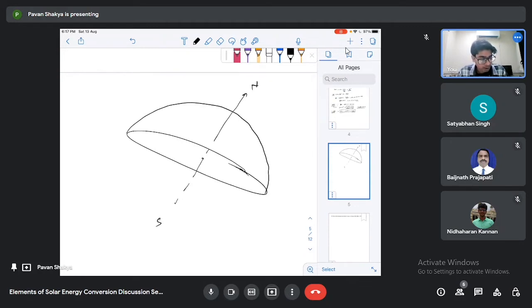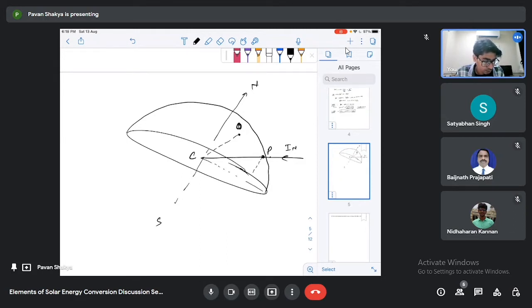Our sun ray is coming through this point. This is our observer location and this is the center. If we plot the projection of the sun ray and the observer location on the equatorial plane, then suppose this is IN, that is coming, and this is the point P, an arbitrary point.